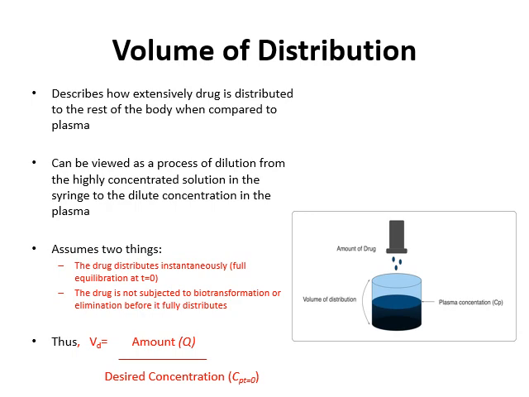So you have your drug here. This is your drug A, and you're going to inject it into a compartment. So this is your plasma concentration. And your plasma concentration is represented by C and then the small p denotes plasma concentration.